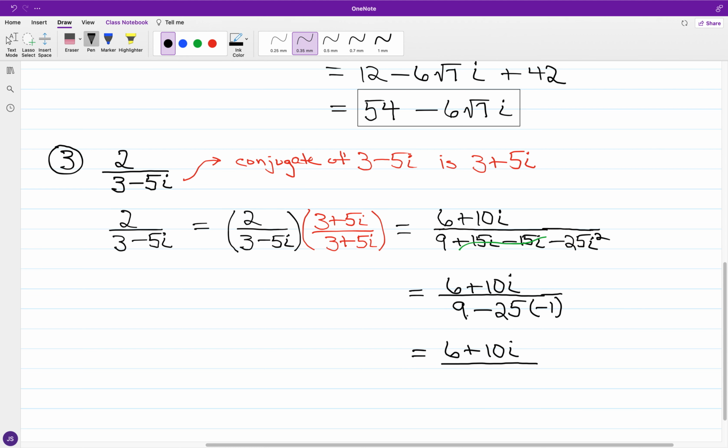As we're drawing nearer, we got 9, negative 25 times negative 1, so this will be a plus 25. So I have 6 plus 10i over 34.